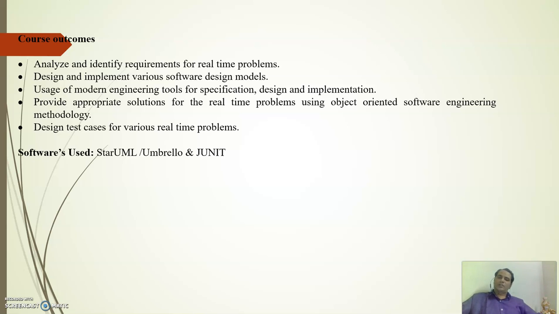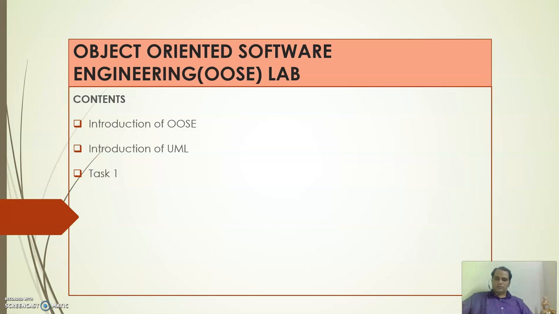We also use JUnit at the end of the course, when we will have some testing. Now for today's session we will have an introduction to object-oriented software engineering, an introduction to UML, and then we will discuss task 1, that is of week 1.